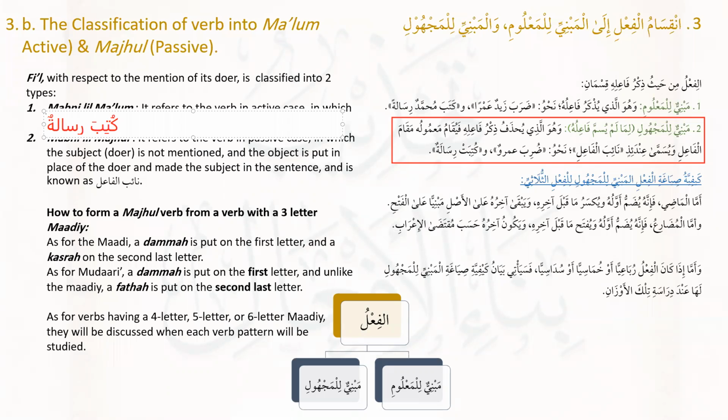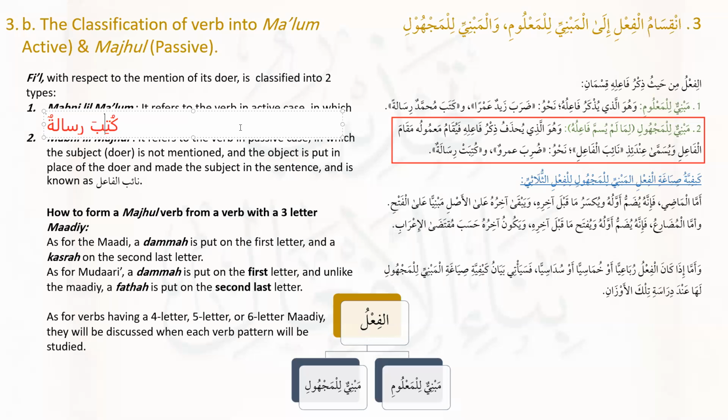Because the same qaida, the same principle, will be repeated with madis which have more than 3 letters. There can be madis, just like in the last class we learned fa'ala, allama, ta'allama, ta'alama, fa'ala, sharaka, qatala, etc. So their madis all have more than 3 letters. Even though their root letters are 3, the fi'l in the madi state has additional letters to denote different meanings, right?